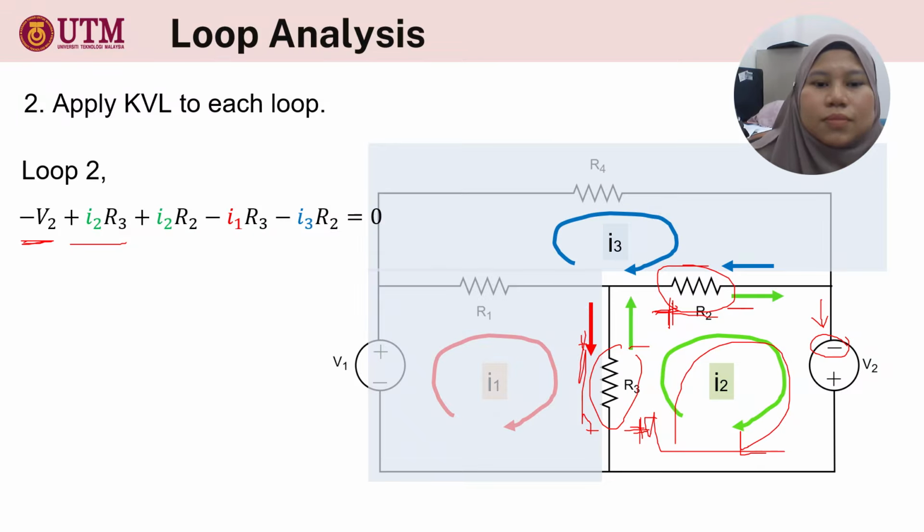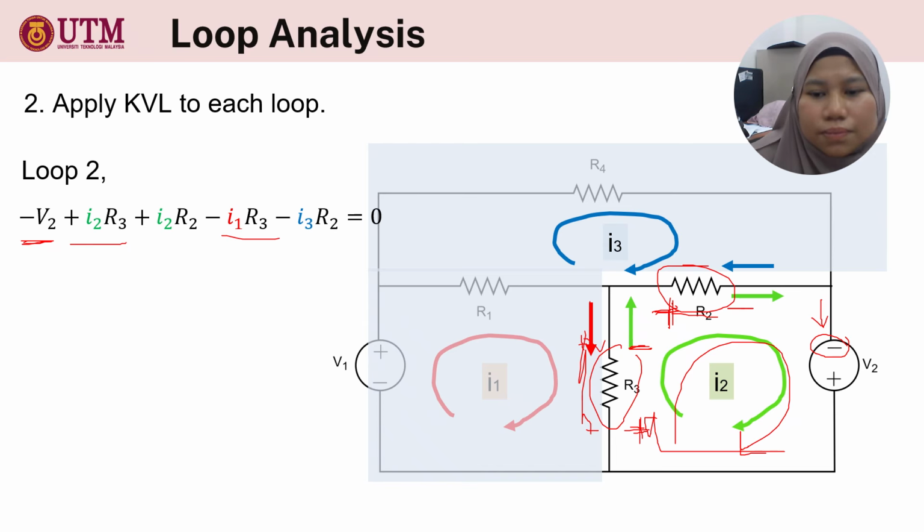Then look at I1 at R3. This is a negative, so it goes into the negative terminal, so it becomes negative I1 multiplied with R3.